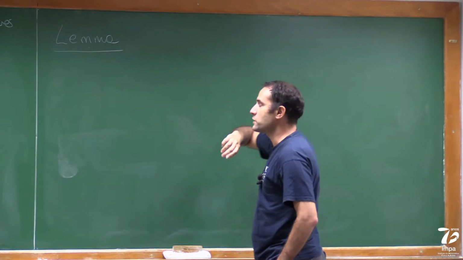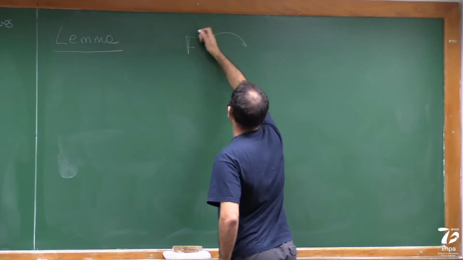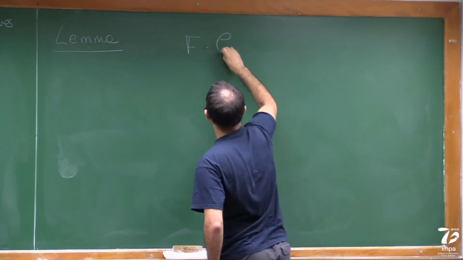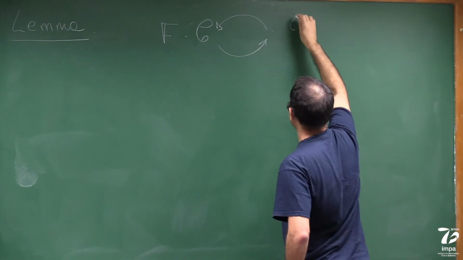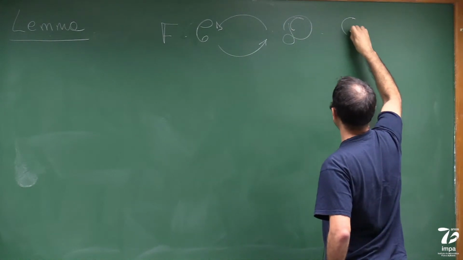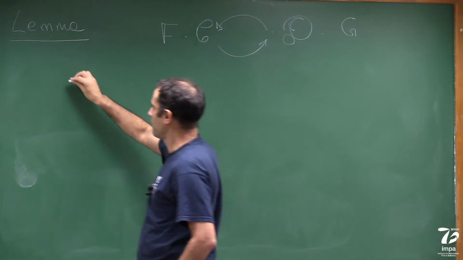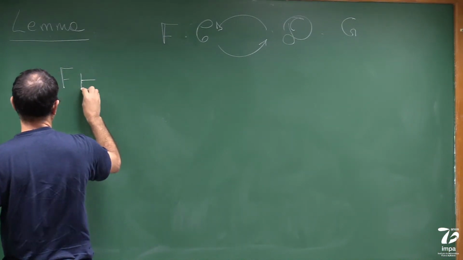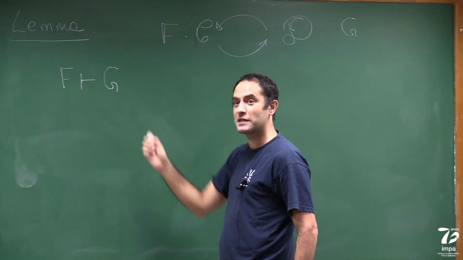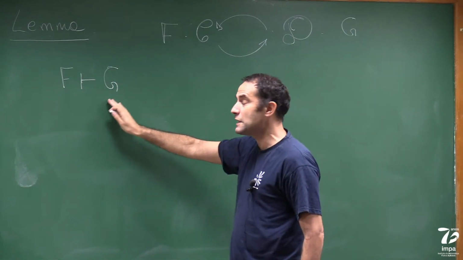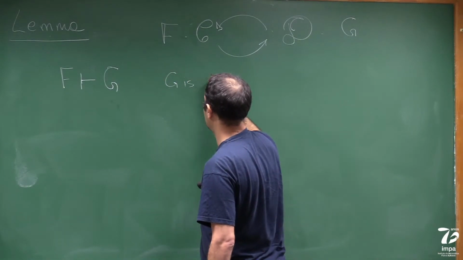Remember we were in this situation: if you have a pair of adjoint functors between C and D, and here's my functor G. Let's say that F is left adjoint to G, and let's suppose that G is exact.